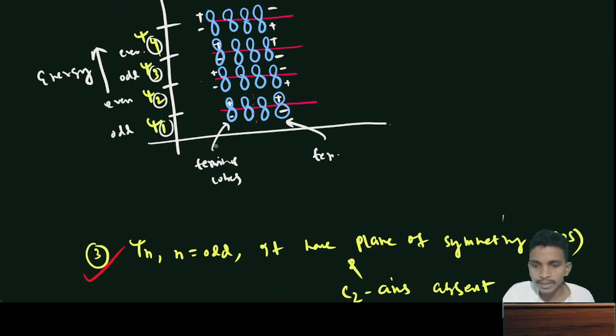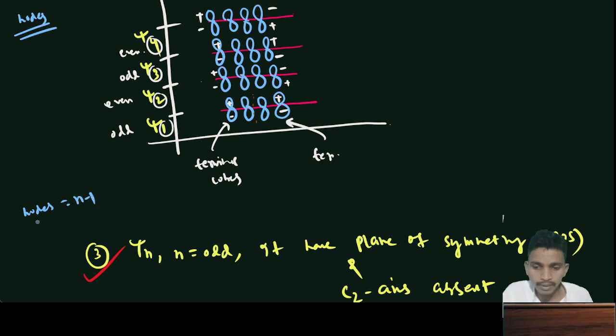So from here we see that this is psi 1. I'm just erasing this one. So if I write the nodes here, for psi 1, nodes is n minus 1, so here nodes will be 0. And for this, nodes is 2 minus 1, that is 1.